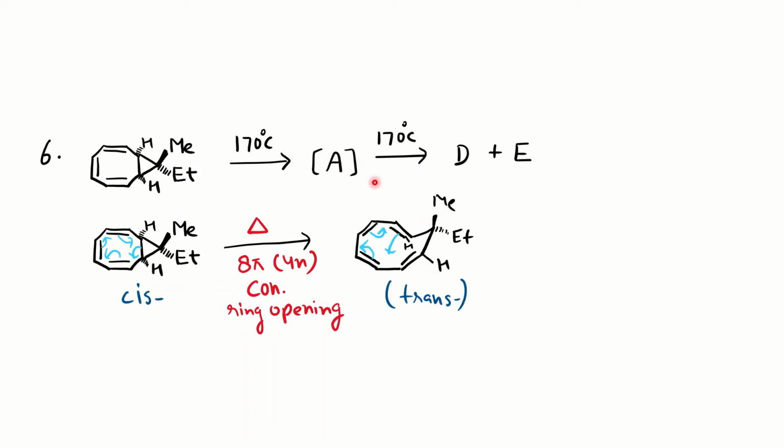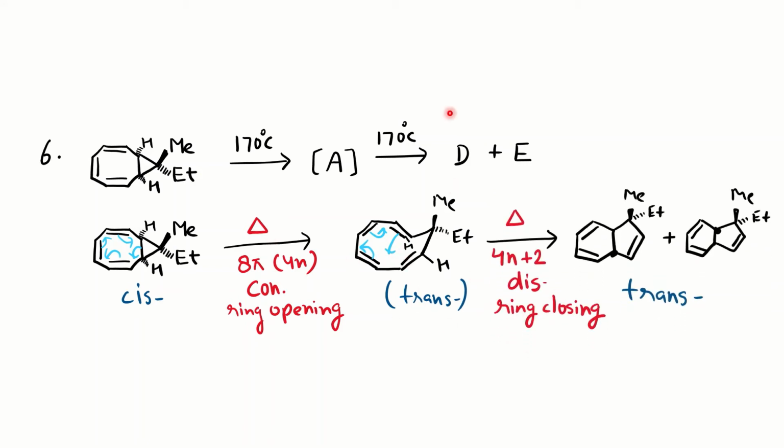This is in a square bracket, meaning it is not the final product. Again, on heating, thermal condition, you can do the 6-pi electron ring closure here, and thermal 6-pi is disrotatory, so in ring closure the stereochemistry will not change, the trans will give you the trans product here.